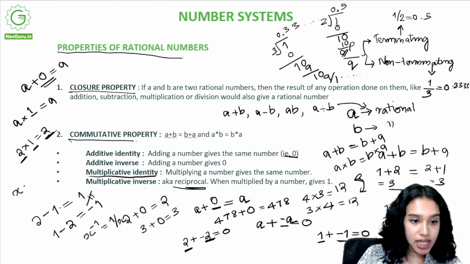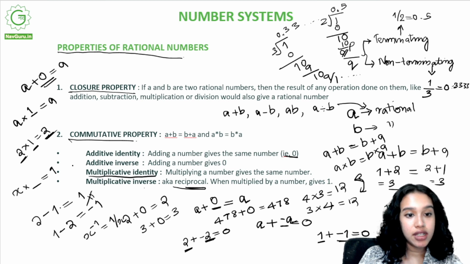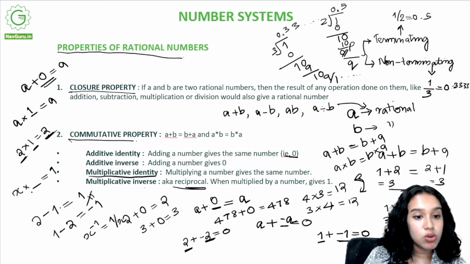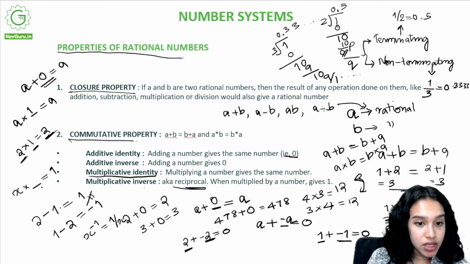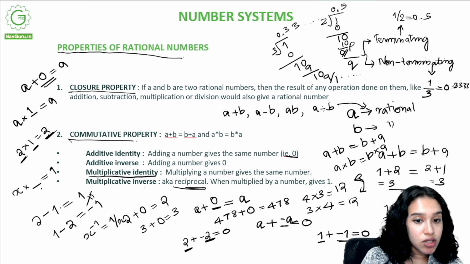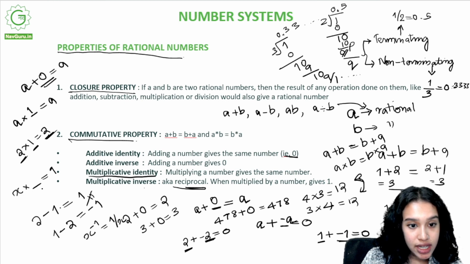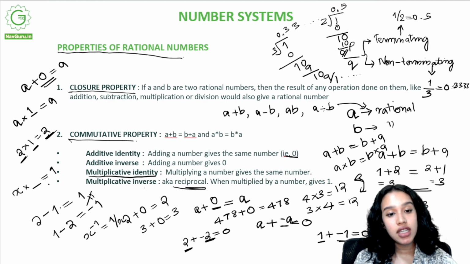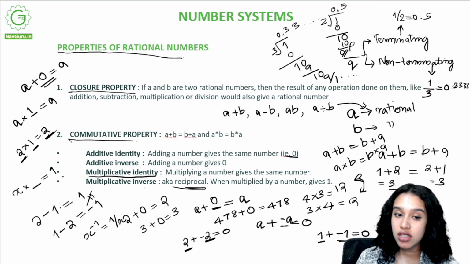If I'm multiplying x with a number, I should get 1. 1 is the multiplicative identity. So if we multiply a number with a particular number which is called the multiplicative inverse, we get multiplicative identity which is 1.